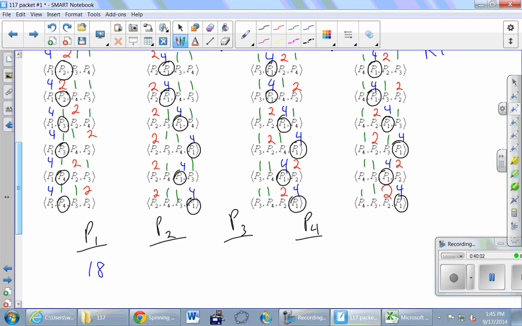So you just have to very carefully count 18 times for player 1. And then player 2, just these two right here in the very beginning. And then player 3 is also only 2. Where are those ones? Oh, it's in the first column. Yeah, these middle ones in the first column. And then player 4 is only the last ones, 2 and 2.